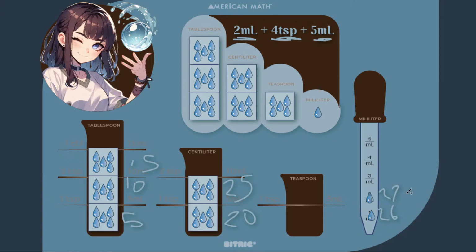So count carefully. But yes, we have a total of 27 milliliters in this equation. Excellent. Way to go back and catch that. Because it sounded a little off. Like, how did I get 27 previously? But I ended up with 30. You found it.